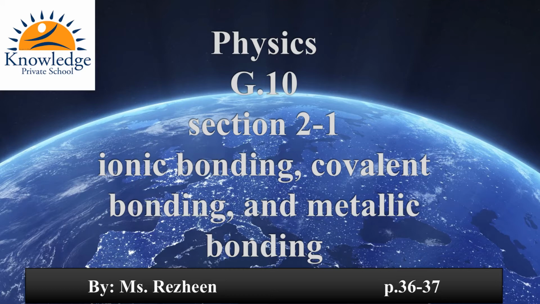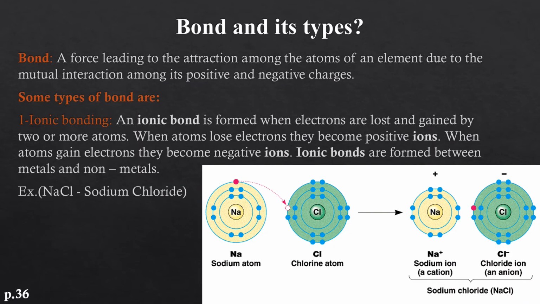We're going to start with section 2.1: ionic bonding, covalent bonding, and metallic bonding, on pages 36 and 37. Before we get started with the types of bond, we have to know the meaning of bond.